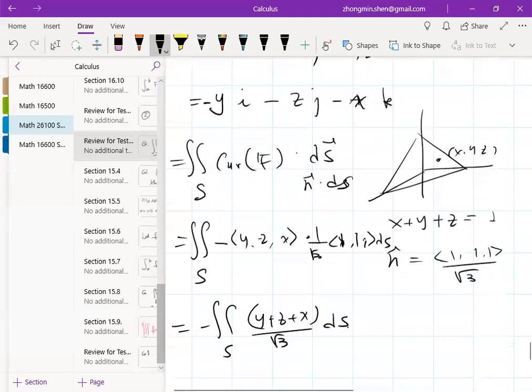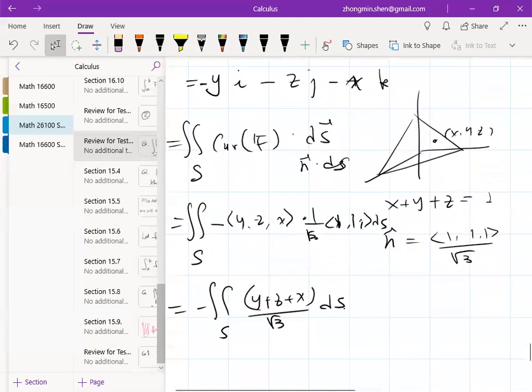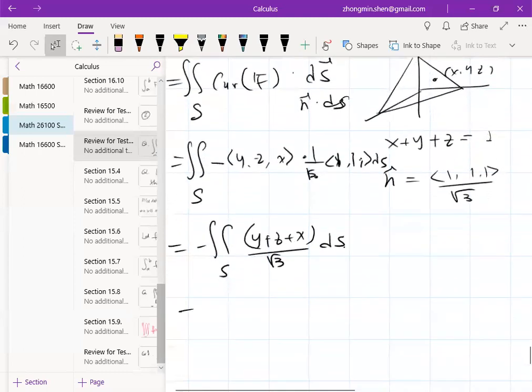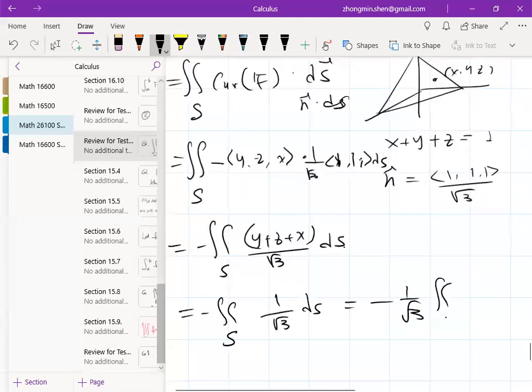But over that surface, at every point (x, y, z), x plus y plus z is going to be 1. So you take the constant out.